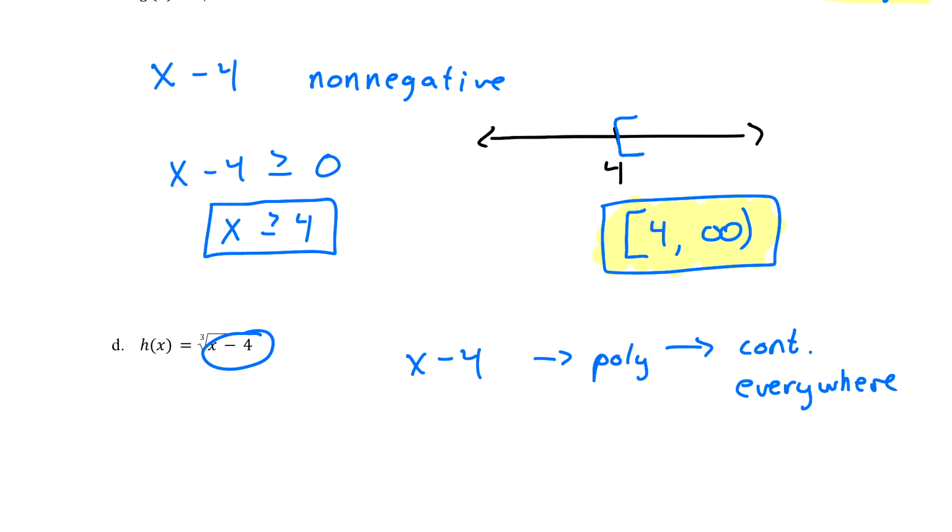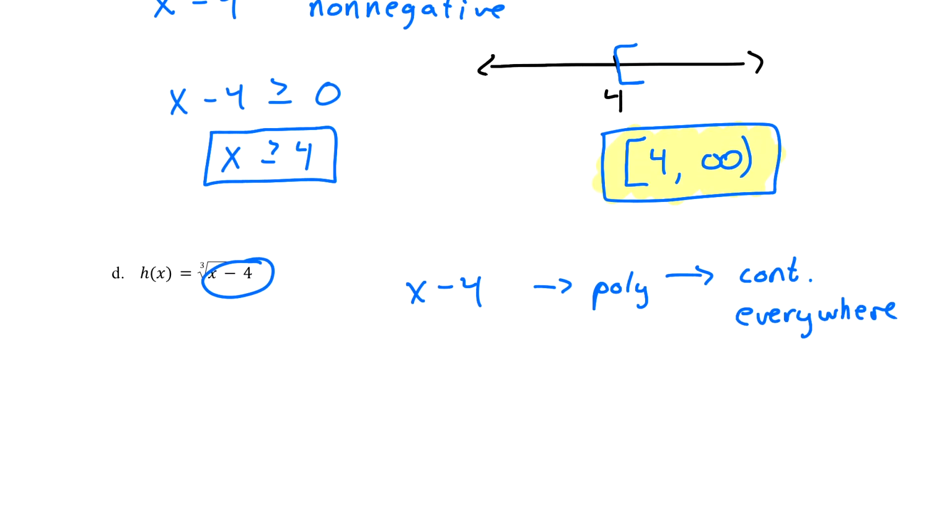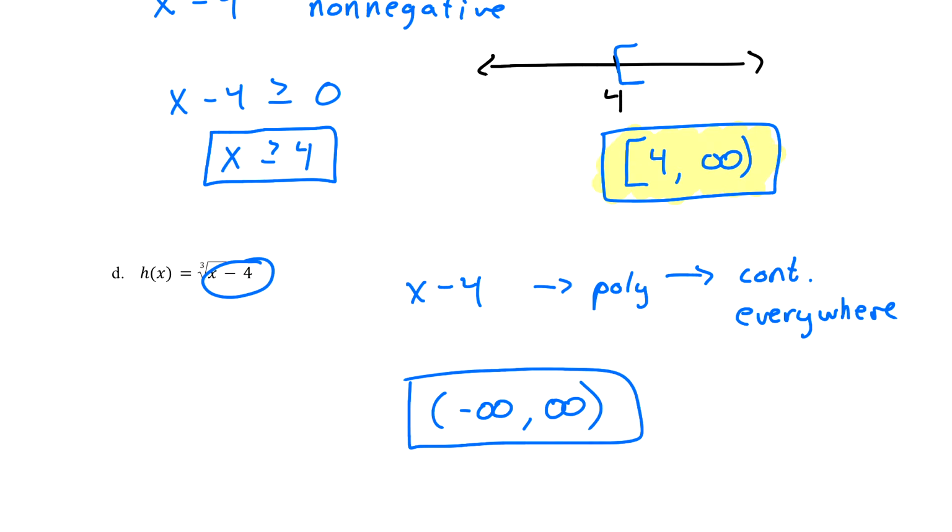So since it's continuous everywhere, we're just going to say it's continuous from negative infinity to positive infinity. There's really no other work that needs to be shown here. Because I've identified that that inside part is a polynomial, I can just say it's continuous on negative infinity to positive infinity.